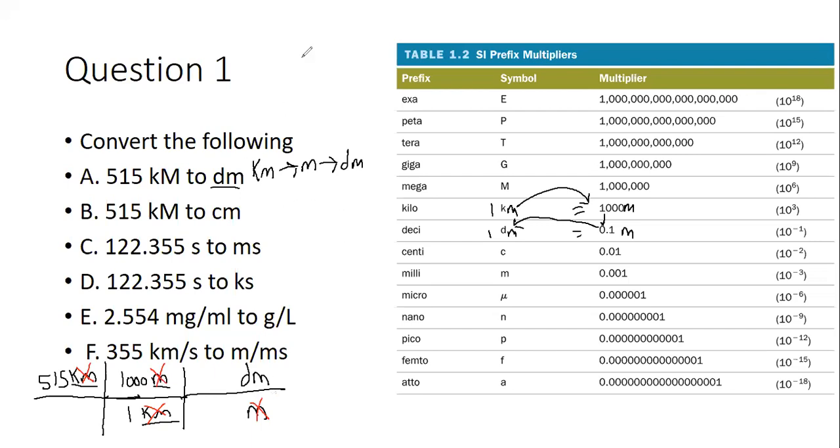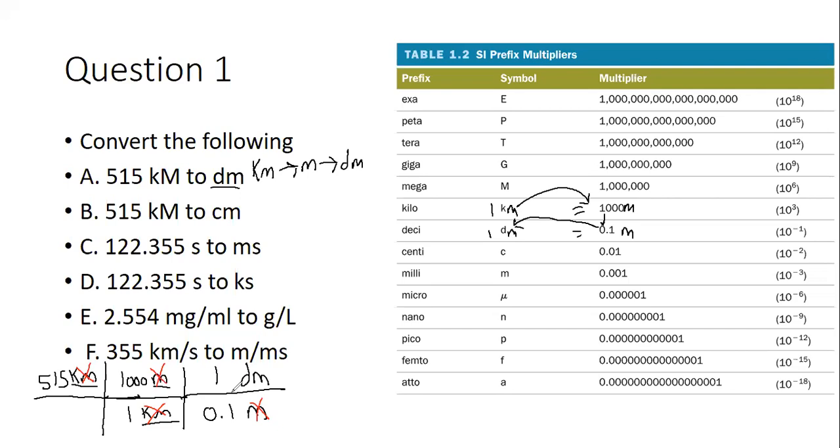And now I just need my conversion factor from the chart. From my chart, there's 0.1 meters for every 1 decameter. So if we look on our train tracks, when I do my calculation, my final answer will be in decameters, which is what I want. That's what the conversion is.